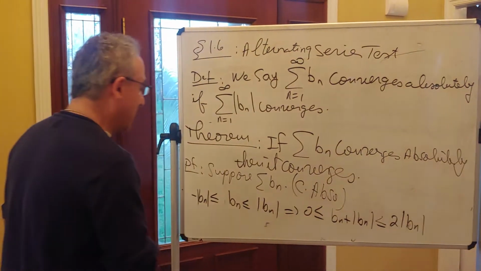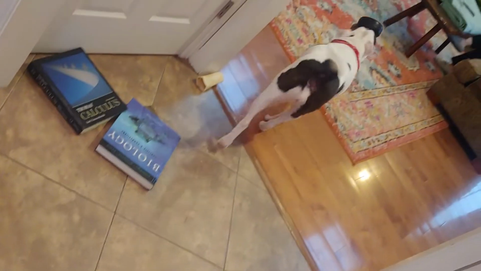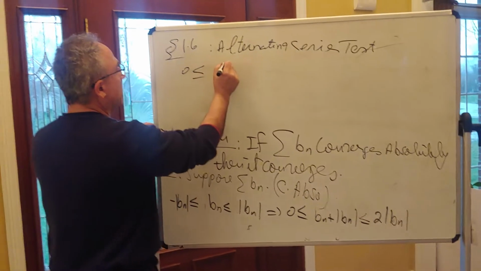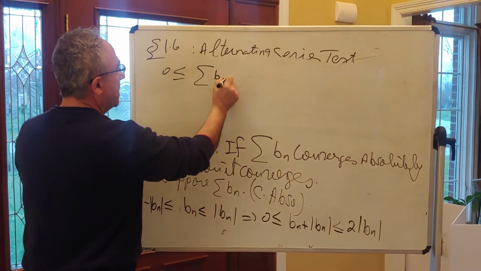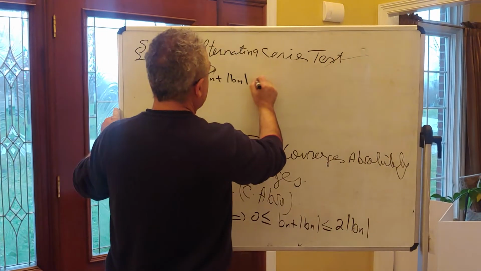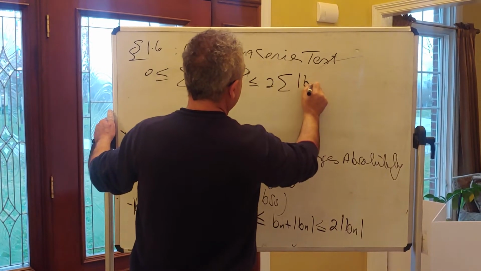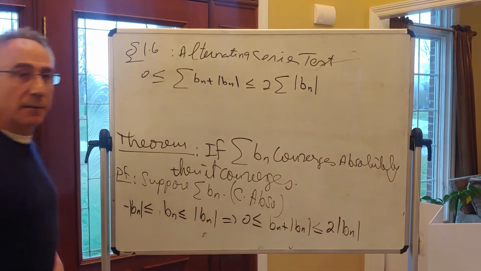So let's sum both sides. What I have is 0 less than or equal to the sum of bn plus the absolute value of bn, and this is less than or equal to the sum of 2 times the absolute value of bn. Is that right?